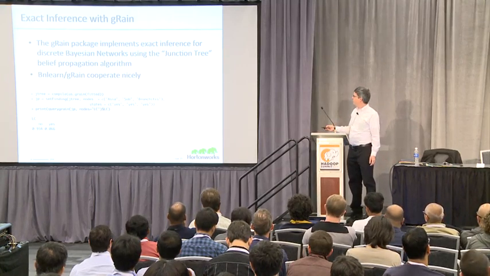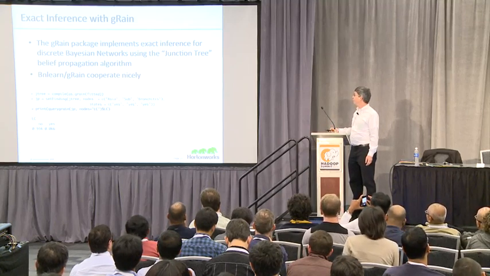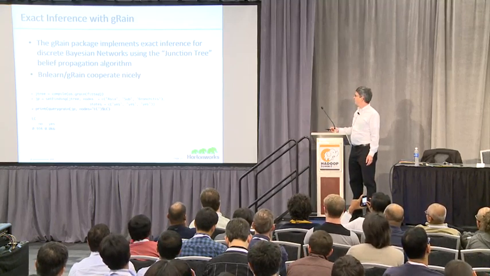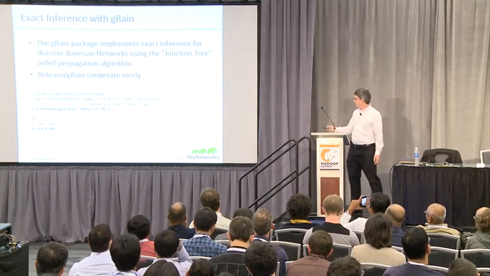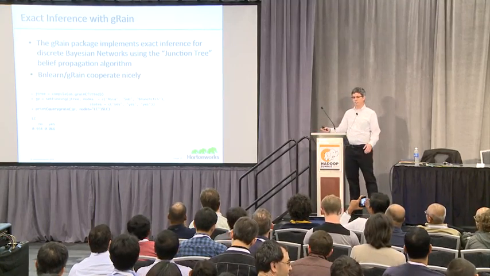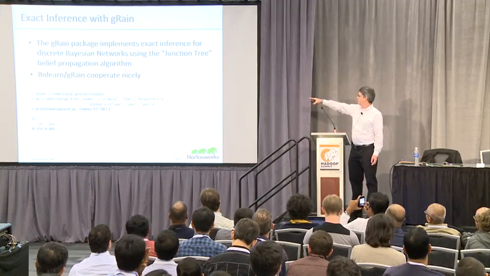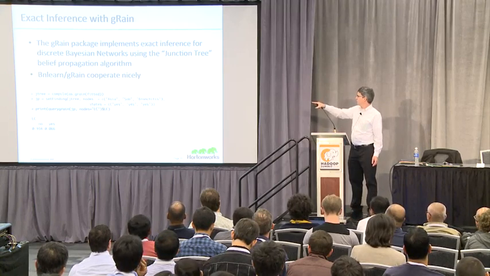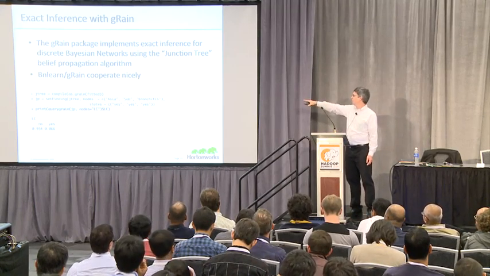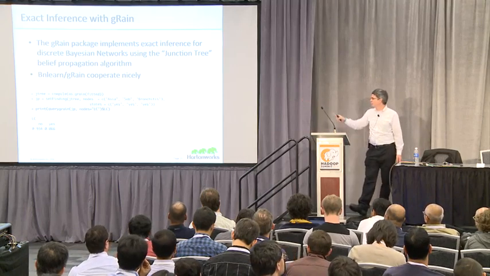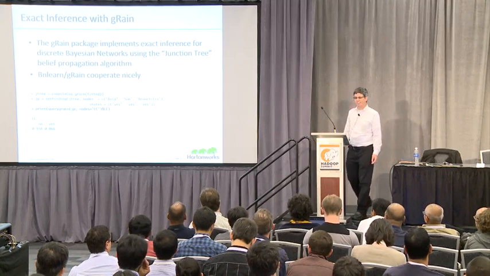So you compile the network, and it converts it into a junction tree. Then you set your findings. You say, I have Asia is yes, shortness of breath is yes, bronchitis is yes. Then you call this function called querygrain. You say, I want to query using grain, with the evidence in the junction tree, and the node I'm interested in is just one node, lung cancer, and it'll give you the answer. In this case, it's probably a no.